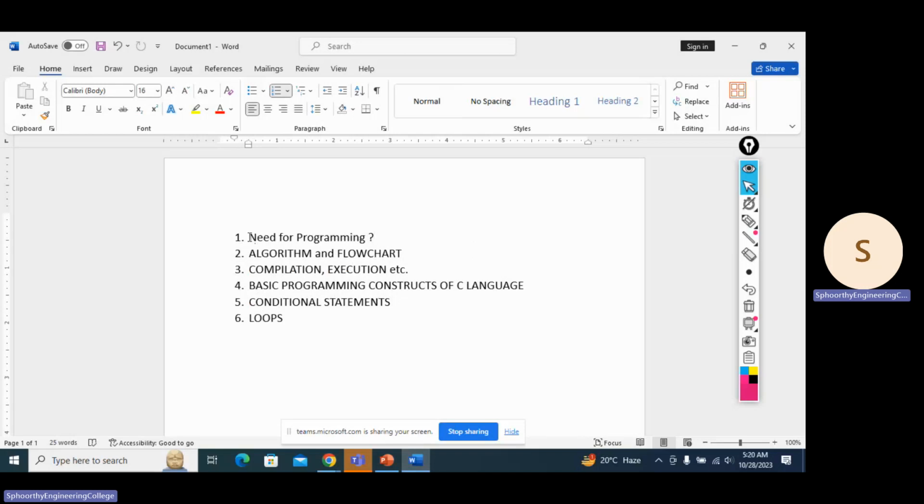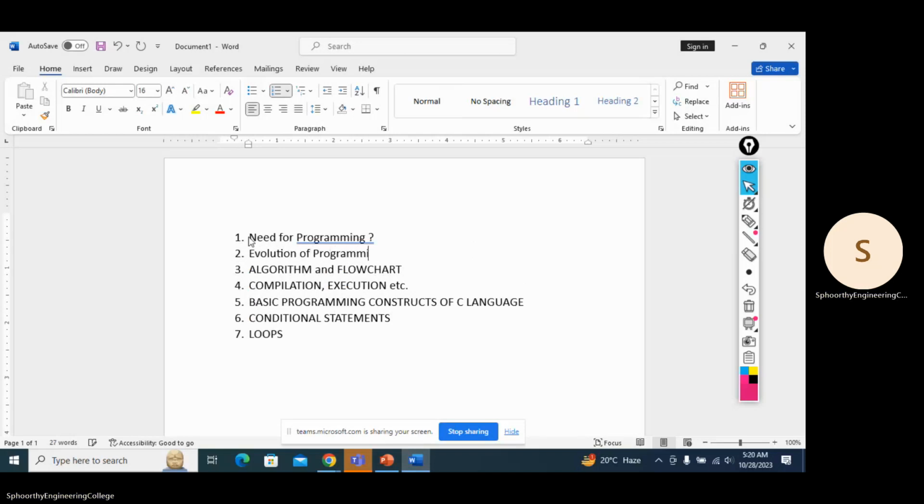Then the very important concept is the evolution of programming languages. Why did these programming languages come into the picture? Under that we have discussed procedural programming and various programming paradigms like structured programming, and we have even used the term object oriented programming.